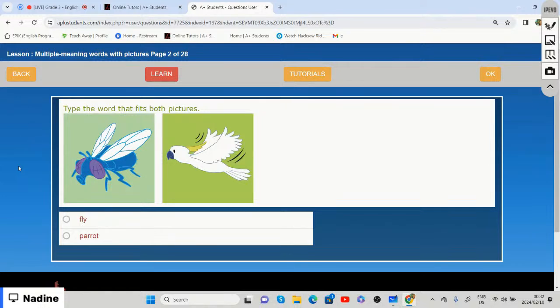All right, so if we look at both of these pictures, a word that basically fits both of these pictures, yes, we can say it is fly, right?